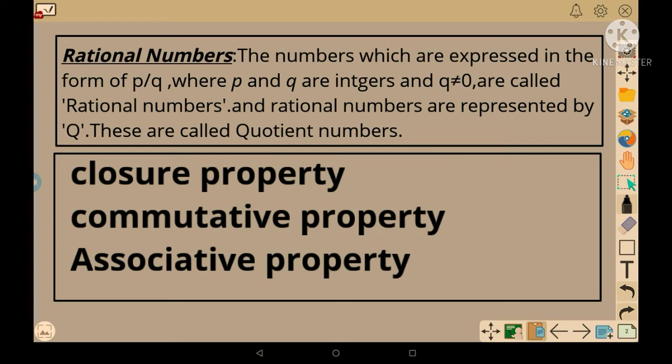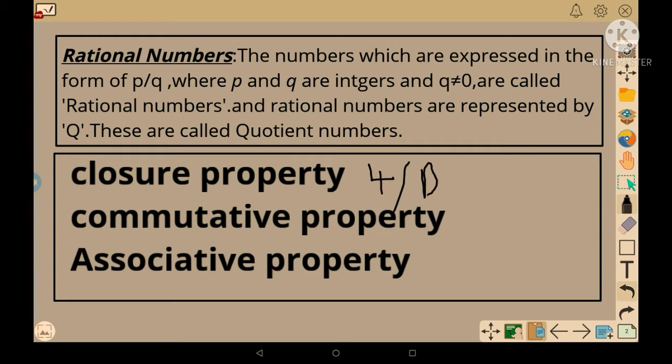Now let's take some examples like 3 by 2, 6 by 5, 12 by 1. These are all integers and rational numbers in fractional form, right? Now we are going to learn the 3 properties which are important here: closure, commutative and associative properties. The fourth one is also there, the distributive property, DP.